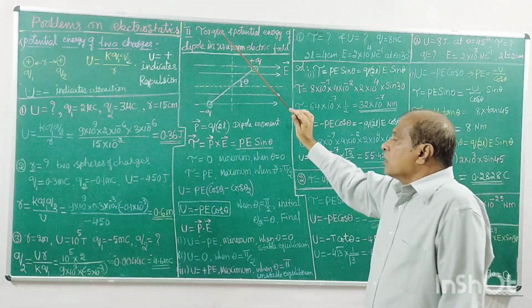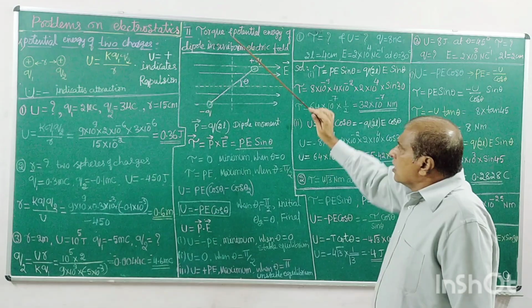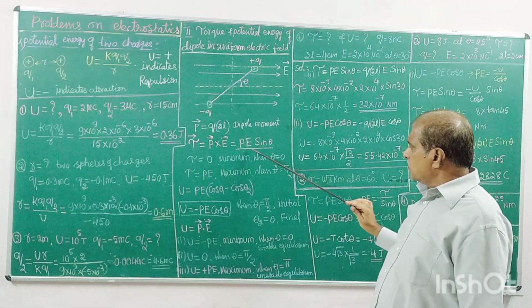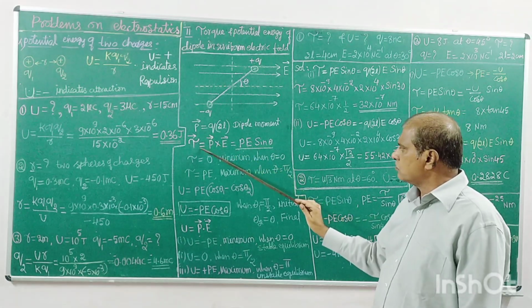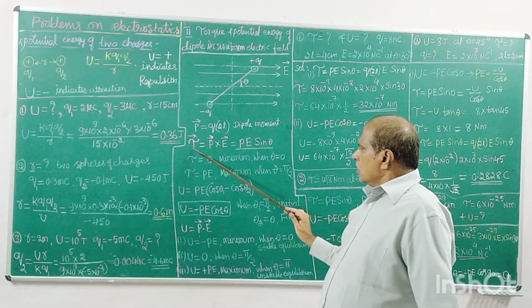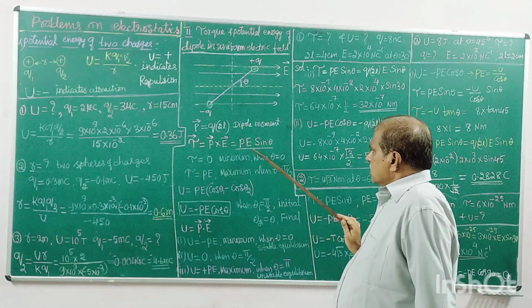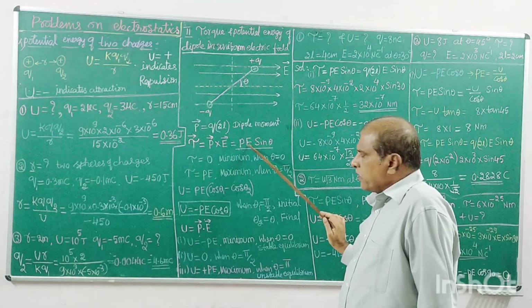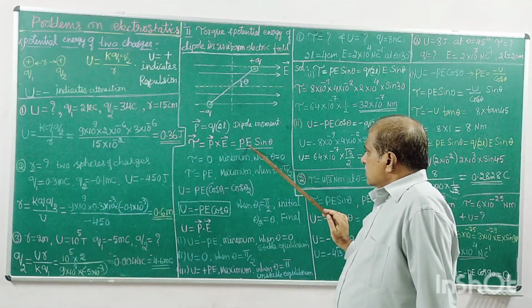The magnitude of torque produced here is given by the equation PE sin theta. Remember this equation; we have derived it in the previous classes.